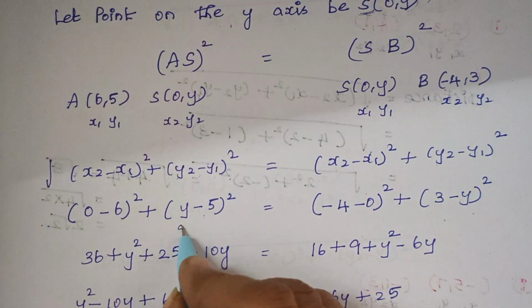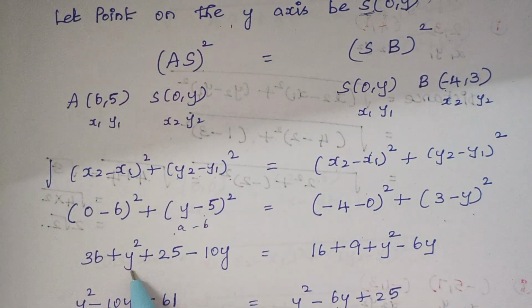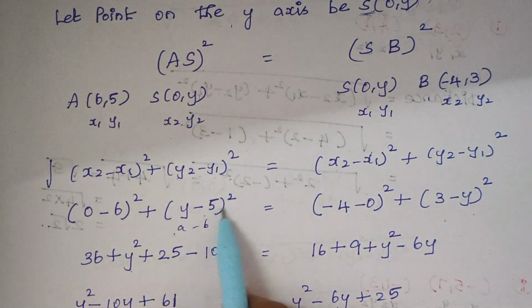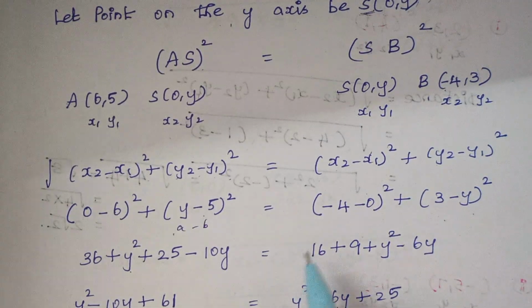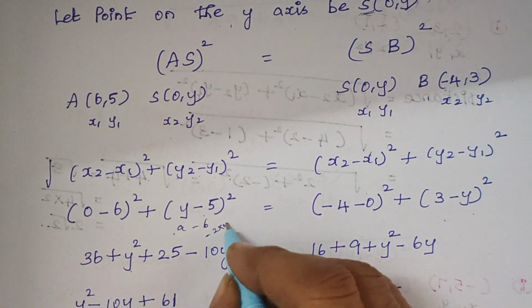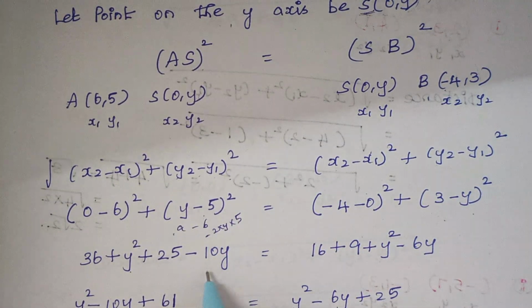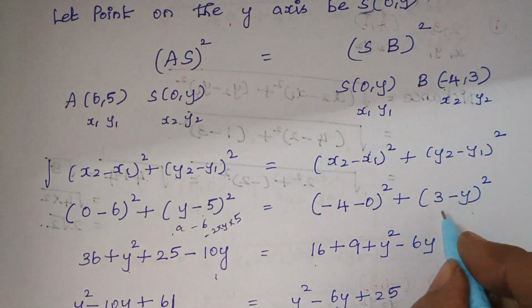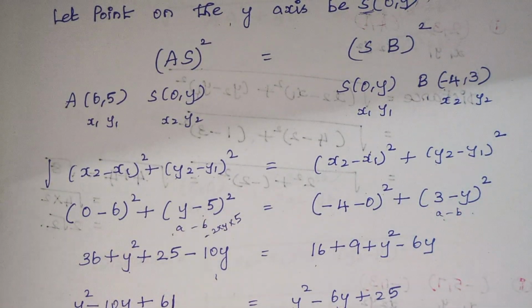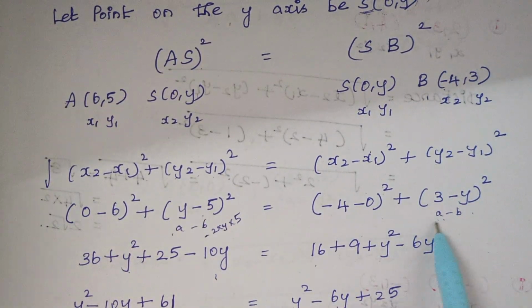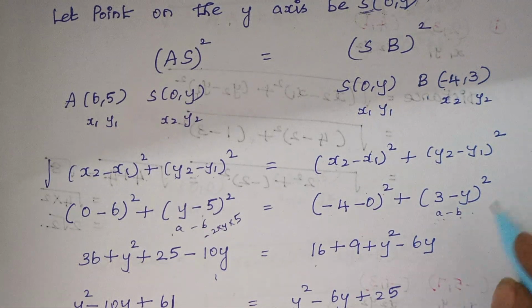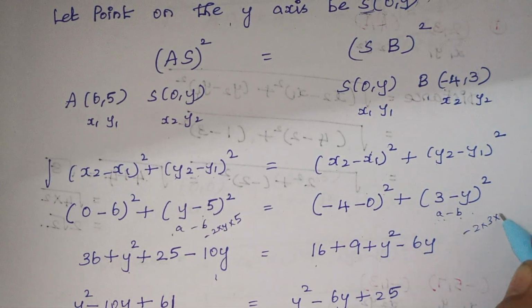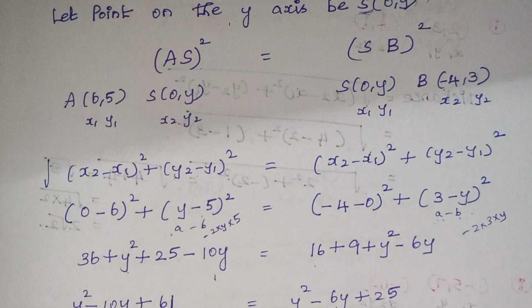So this is a square plus b square minus 2ab: y square plus 25 minus 2 into y into 5, therefore here it is minus 10y. Similarly, minus 4 square is nothing but 16 and here it is of the form a minus b the whole square. So again a square plus b square minus 2ab. So minus 2 into 3 into y, that gives minus 6y.